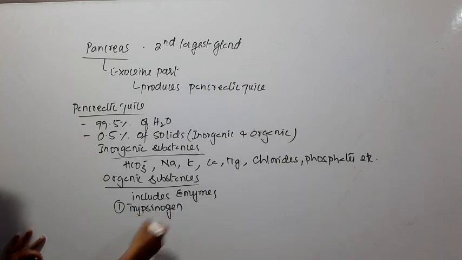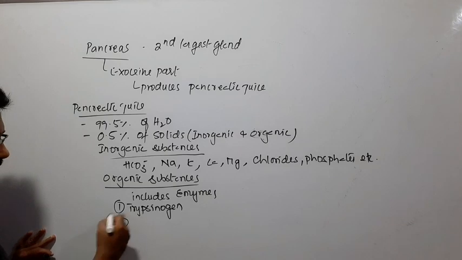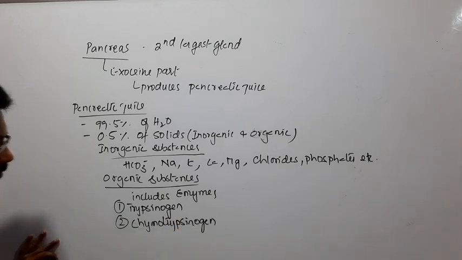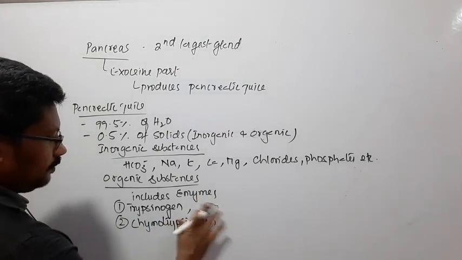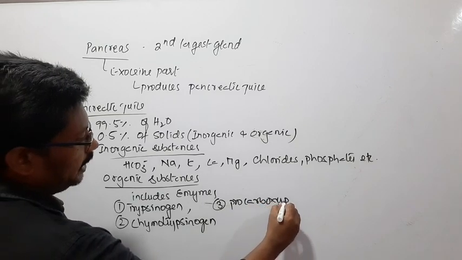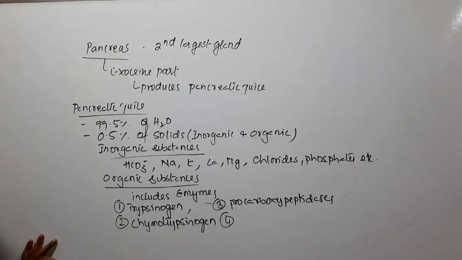Wherever 'gen' comes at the end, it indicates inactive enzymes which later get activated. Then chymotrypsinogen, and procarboxypeptidases are other enzymes; later they become carboxypeptidases.